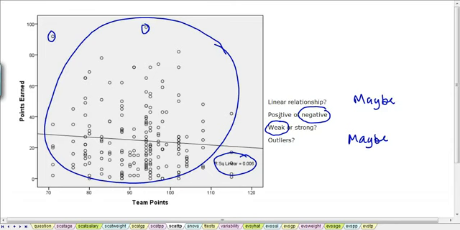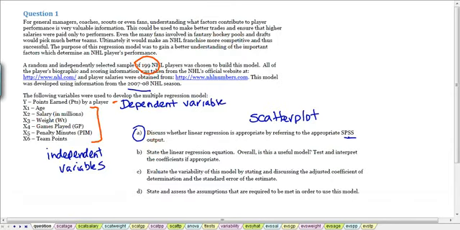So when we go back and answer this question, we've looked at all the scatter plots, so we've evaluated all of them, and we would say yes. We might not have significant relationships, and we'll find that out in the next question. But for now, we'll say yes, it is appropriate, and we've evaluated all of the scatter plots.